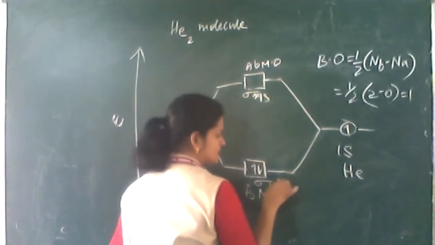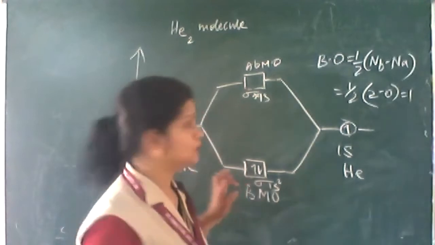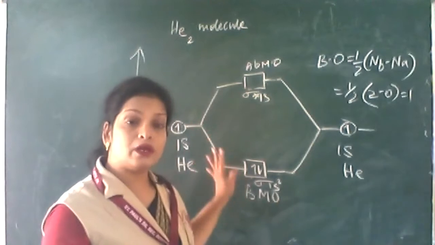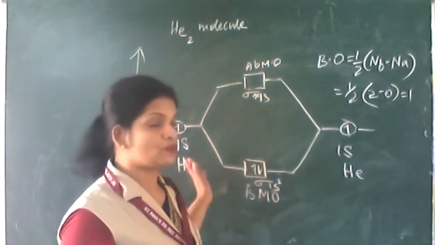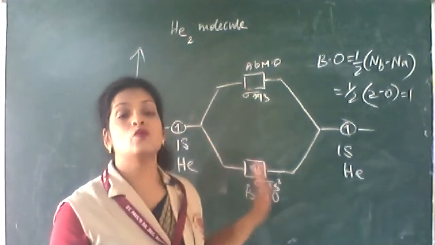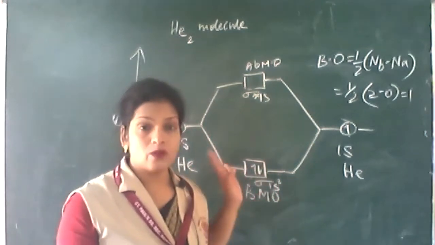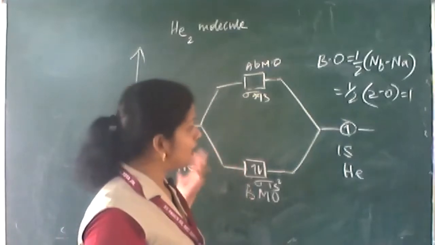Number of electrons here: sigma 1s2, sigma star 0. So what is the molecular orbital electronic configuration of H2? Sigma 1s2. And He2 does not exist. Now, next, Li2.